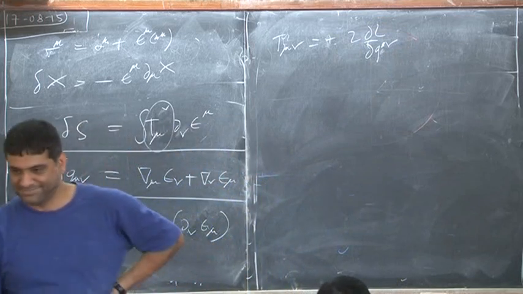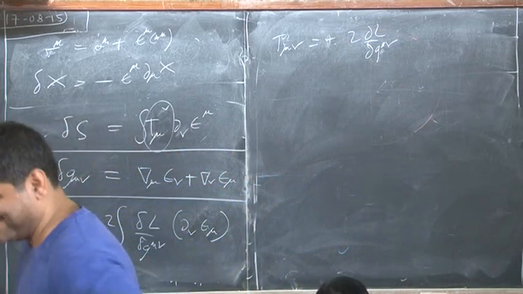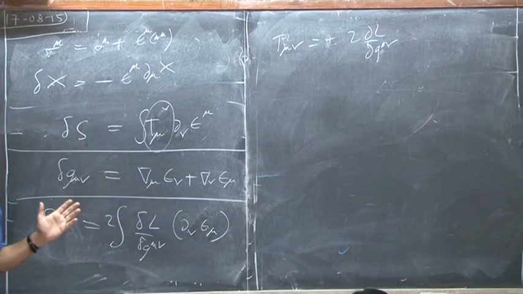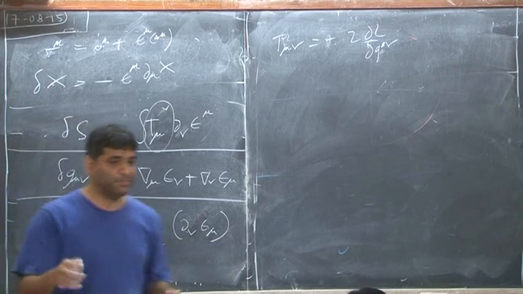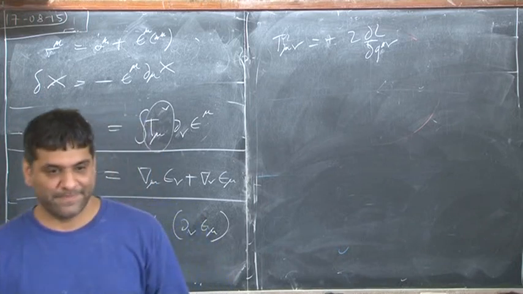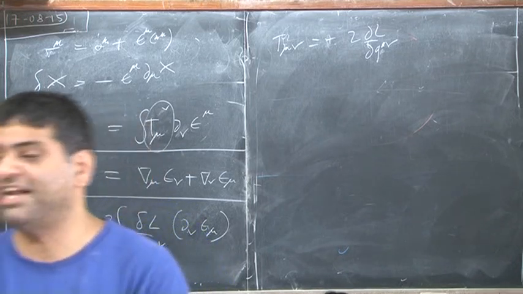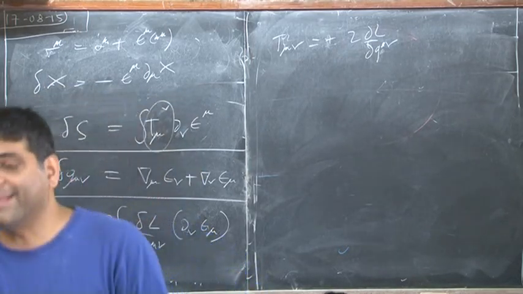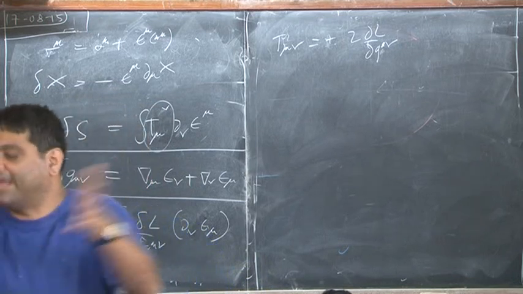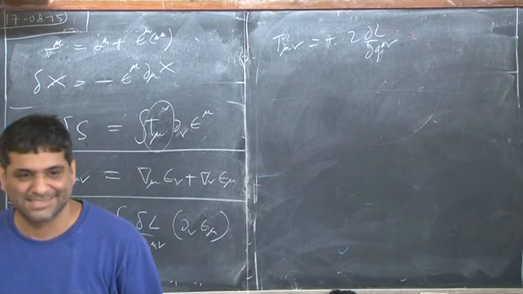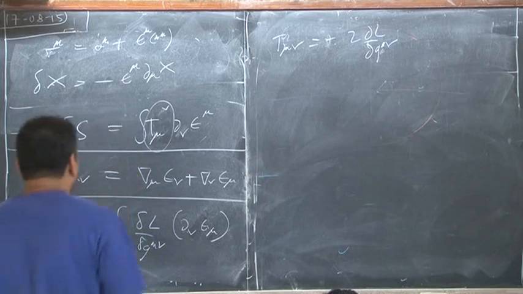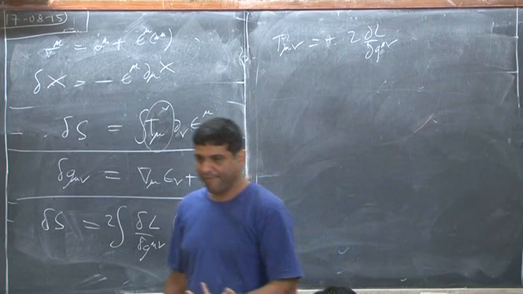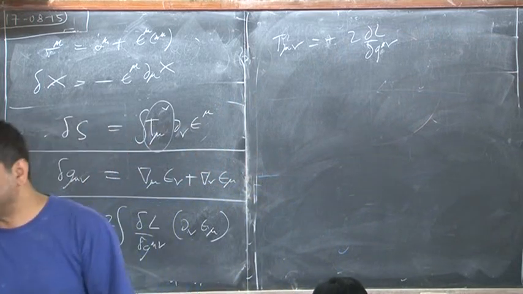These two definitions might differ by some total derivatives. Exactly, completely right. What Mangesh points out is that the action will be unchanged under diffeomorphisms, but it could be that the way that works is that it changes by a total derivative. In which case, these two might differ by something relatively trivial, itself conserved.